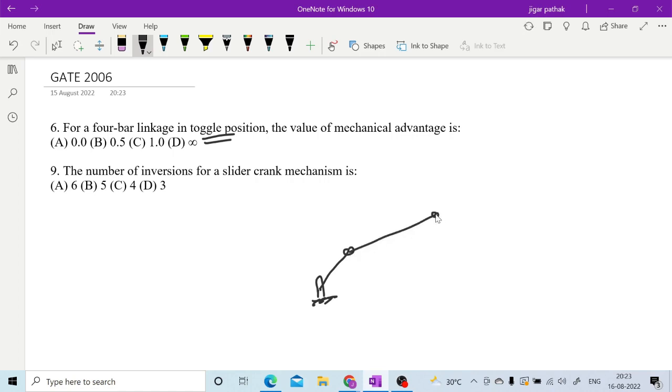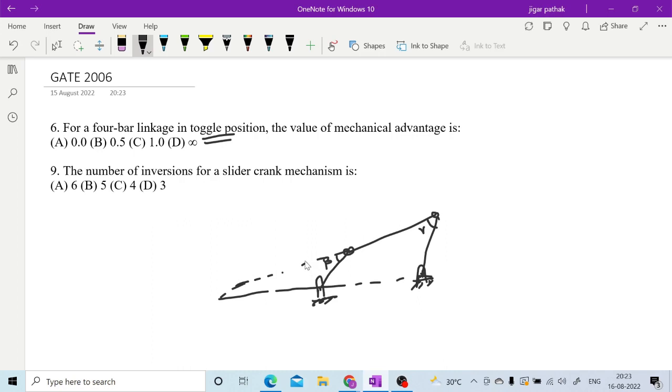This is the four-bar mechanism. Here what you can do is extend this particular link, that is the connecting rod, and here you can have this angle as beta, or whatever gamma we have written.